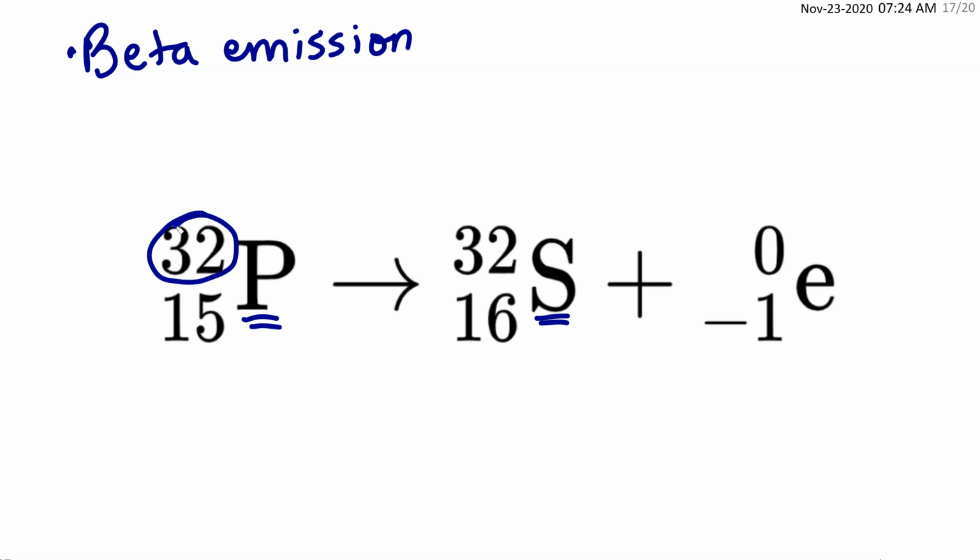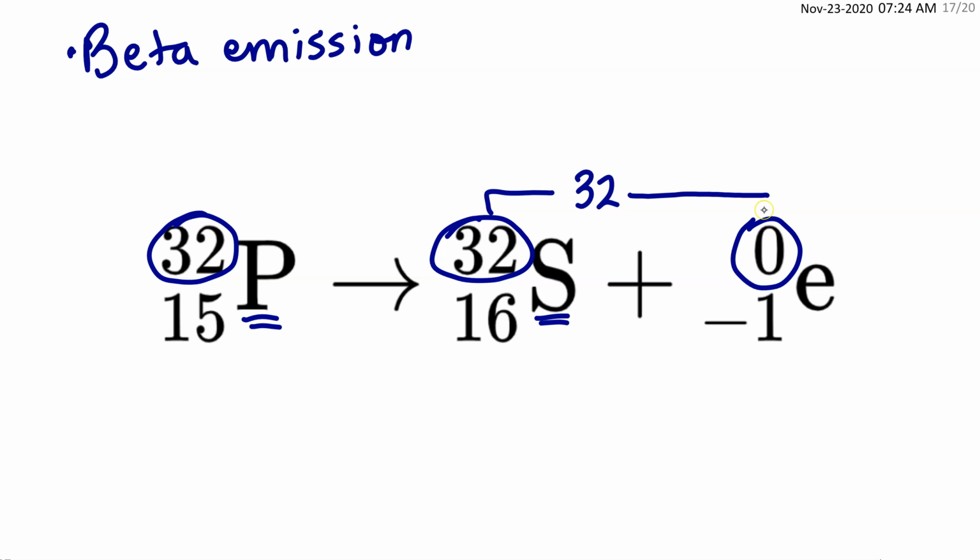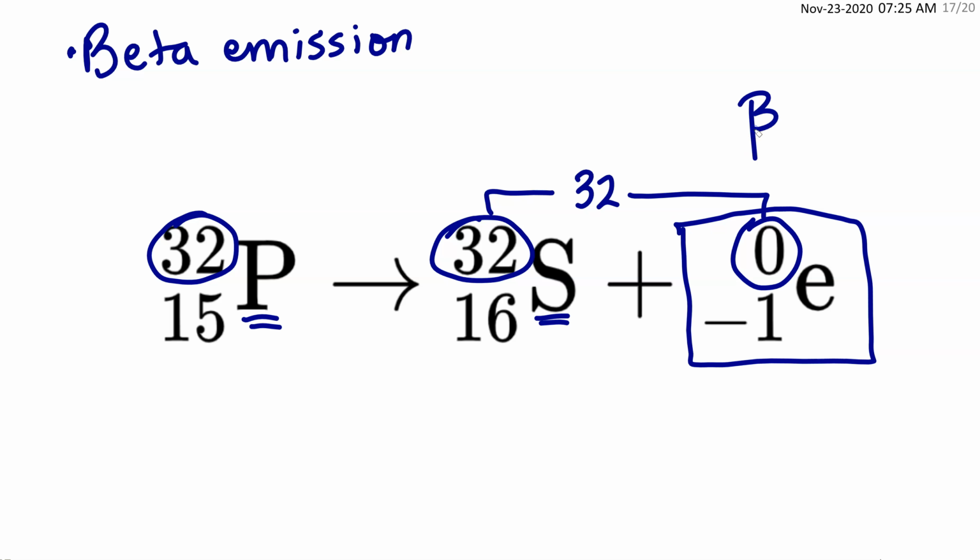Our atomic numbers still add up to the same, and our atomic masses still balance, to 32. This is my beta particle. Sometimes it is represented by a symbol like that, the Greek letter beta. I think it's lowercase beta.